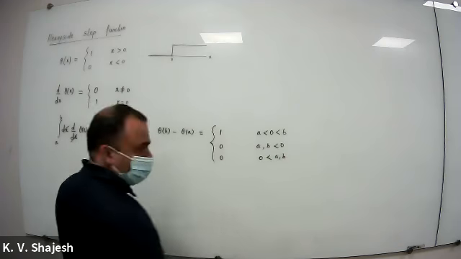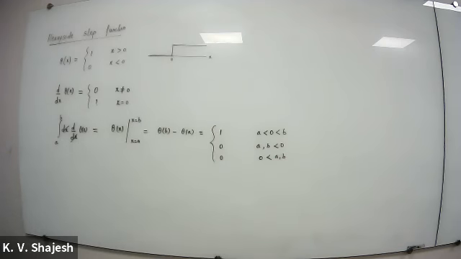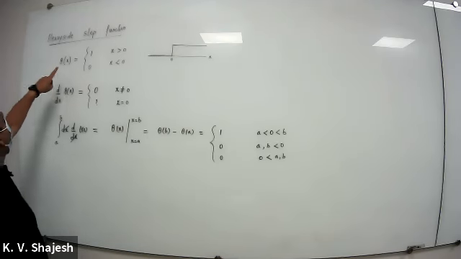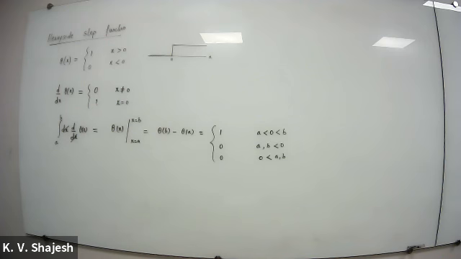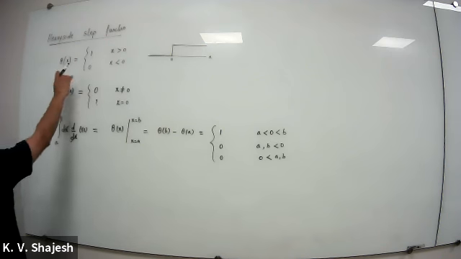So it satisfies the properties of a delta function. So we will say that the derivative of the step function is also a way to look at a delta function. But the step function is useful.